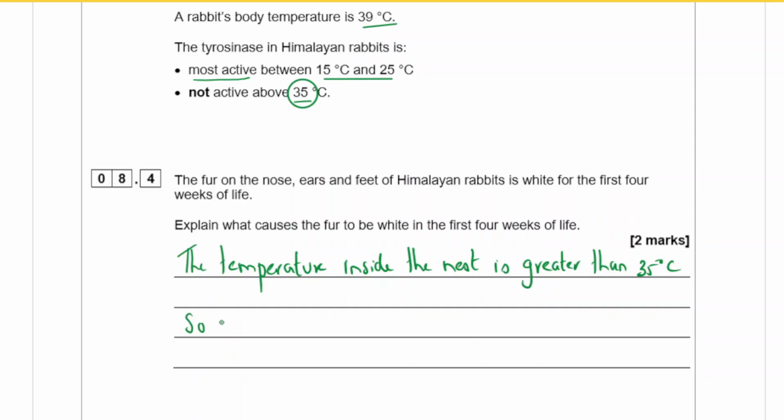So the tyrosinase enzyme would be inactive. So it doesn't produce the black fur.